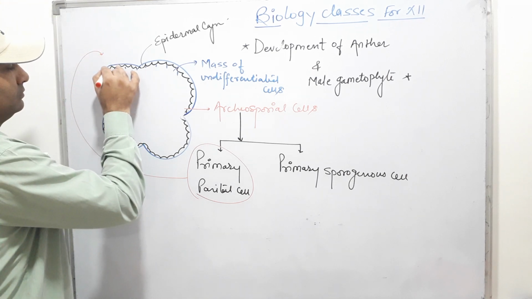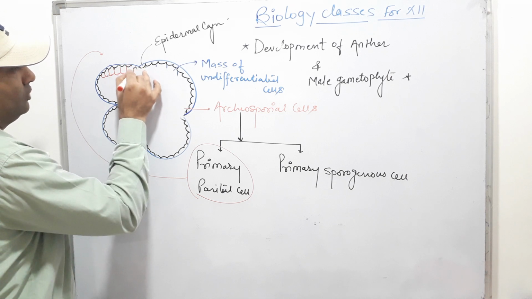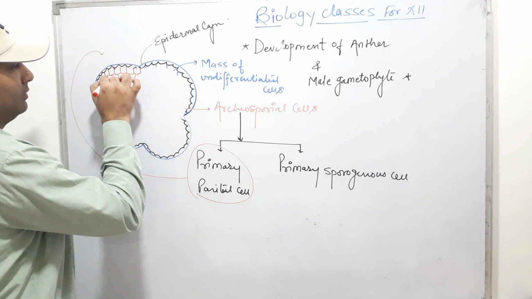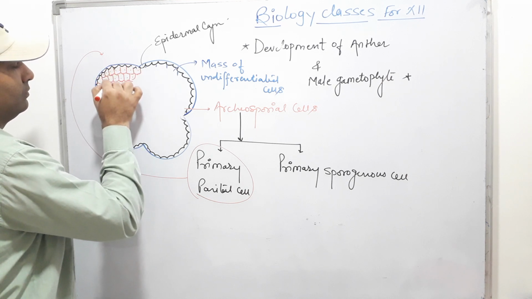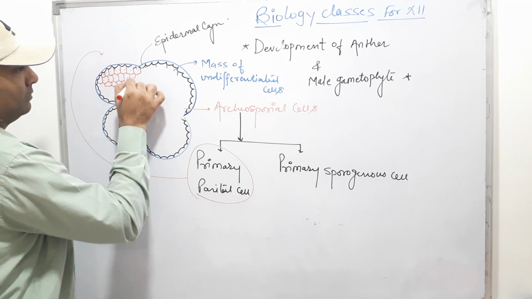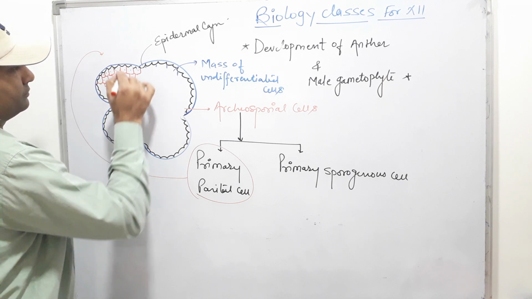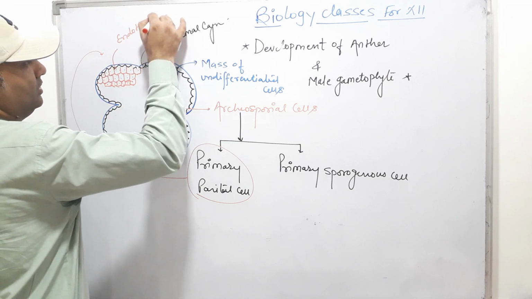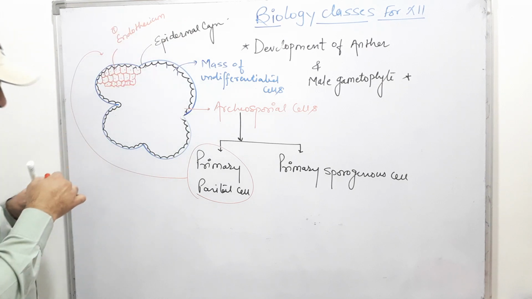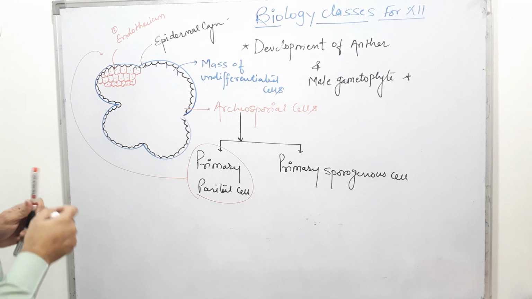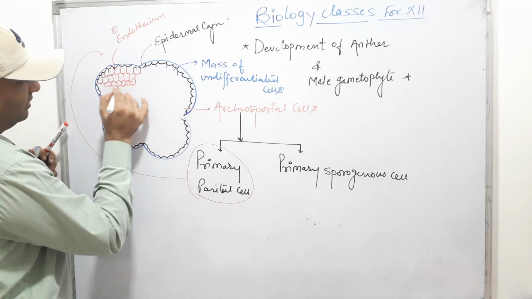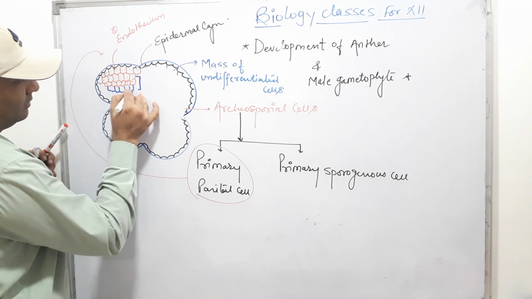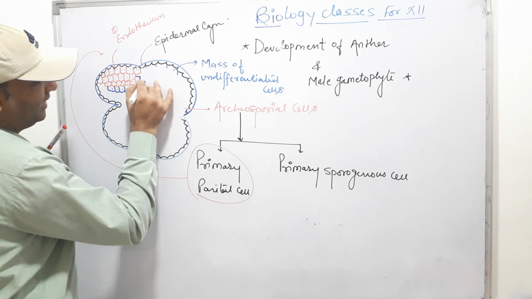Now it produces endothecium, the first membrane developed by the primary parietal cell. Then the second, third and fourth layers, the three-layer structure, is called the middle layer.